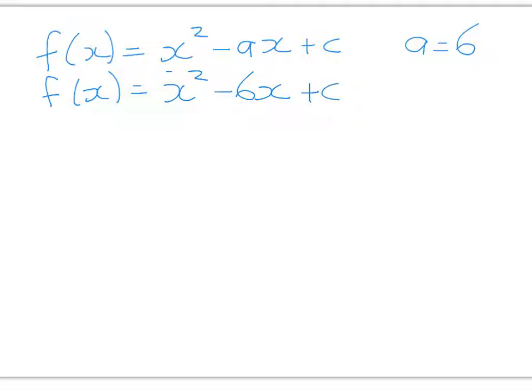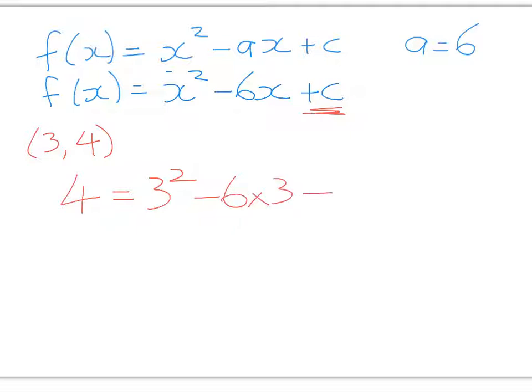Now somehow we've got to figure out what that plus c is. There's one bit of information that I haven't used completely yet, and that's that the point 3, 4 is a turning point, therefore it must be on the curve. So when x is 3, y is 4. So we've got 4 equals 3 squared minus 6 times 3 plus c.